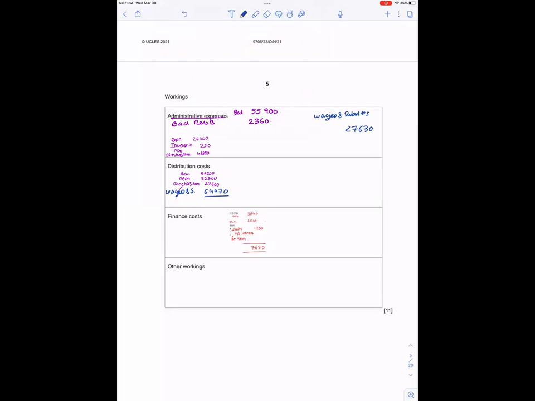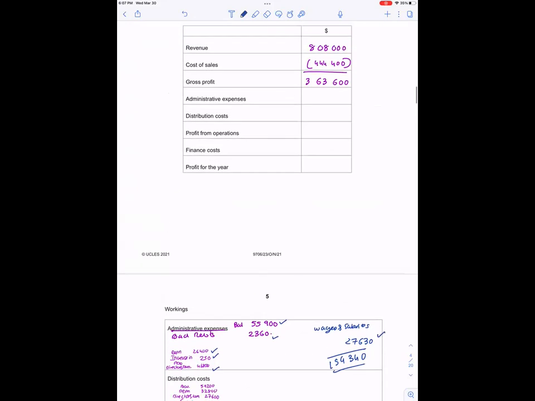Now I'll just do the total of my administrative expenses. So it is 55,900 plus 2360 plus 46,800 plus 26,400 plus 250 plus 27,630. So 159,340 is my administrative expenses.